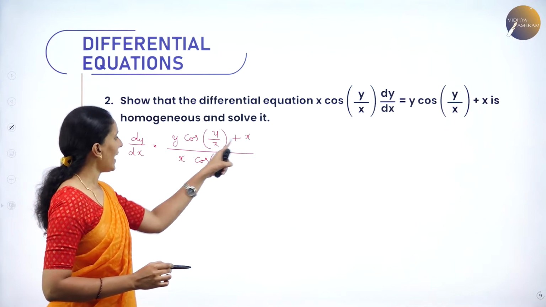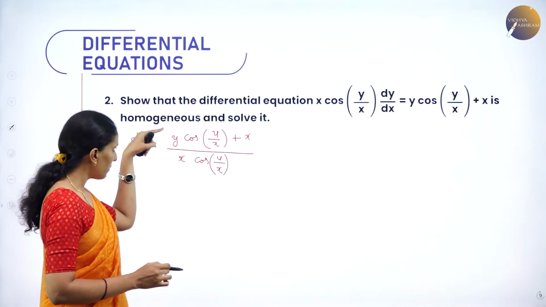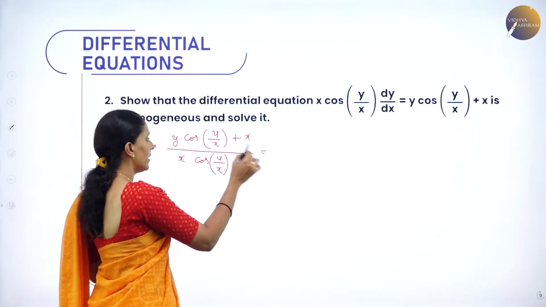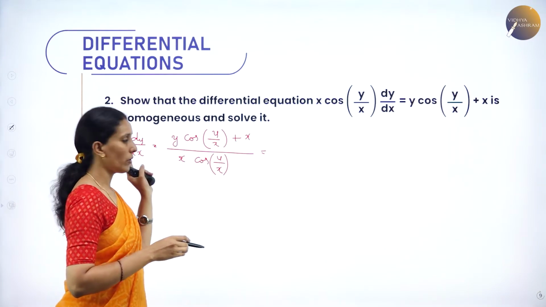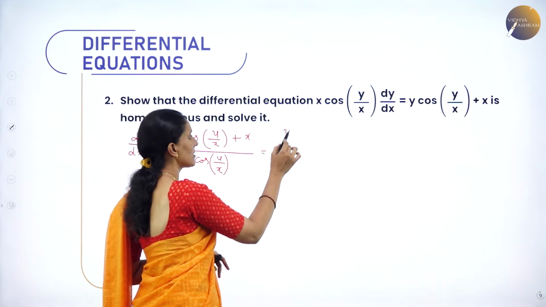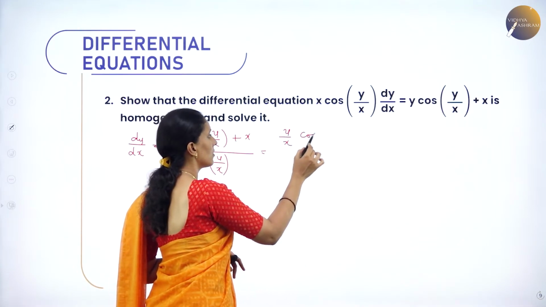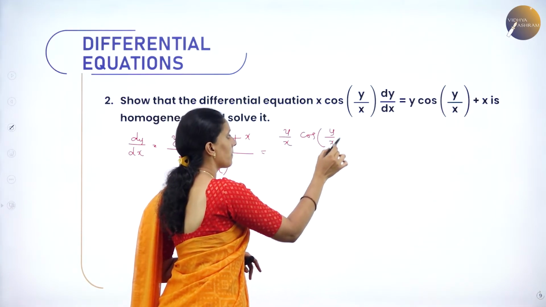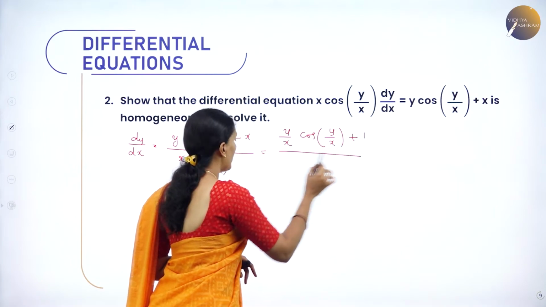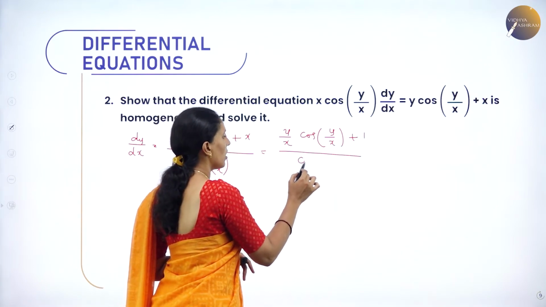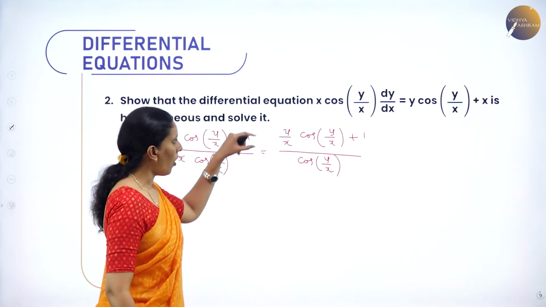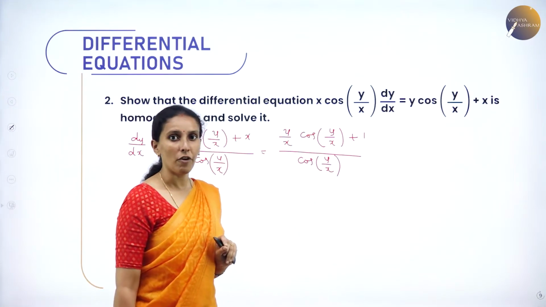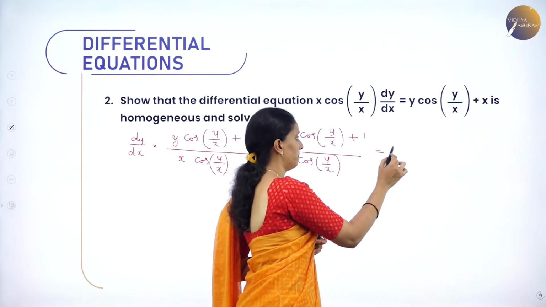So if you take x as a common factor in both numerator and denominator, x comes out and gets cancelled. You can write it as y by x cos y by x plus 1, and here you have cos y by x.